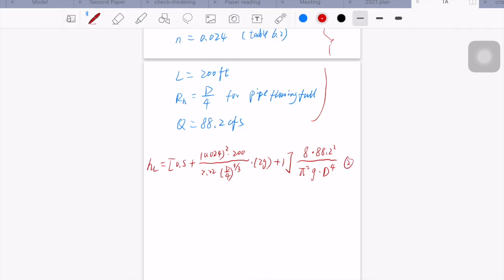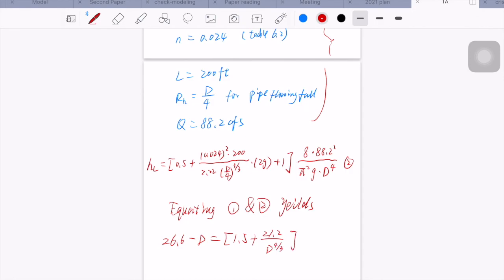This is equation 2, and equating equation 1 and equation 2: 26.6 minus D equals 1.5 plus 21.2 over D to the power 4 over 3 times 196 over D to the power 4.